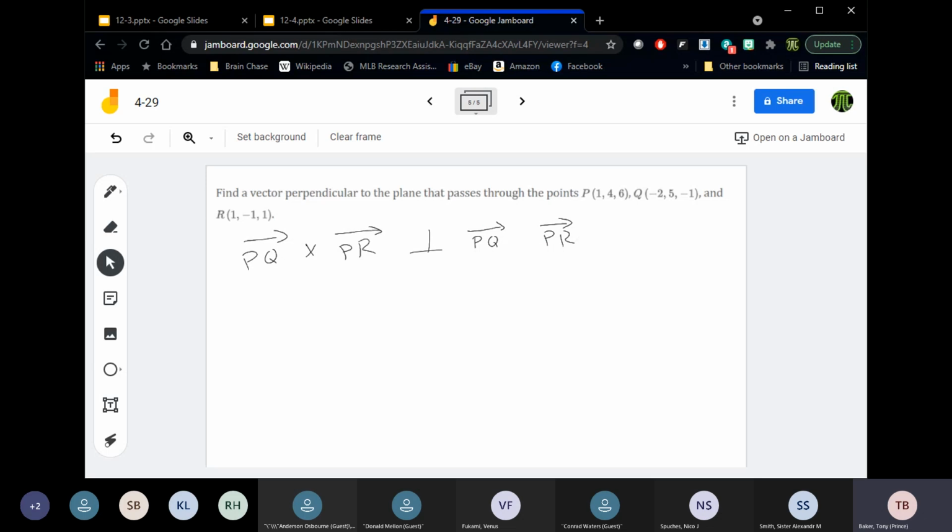So the first thing I have to figure out is, what is the vector for PQ and PR? So the vector for PQ is, we take the points.